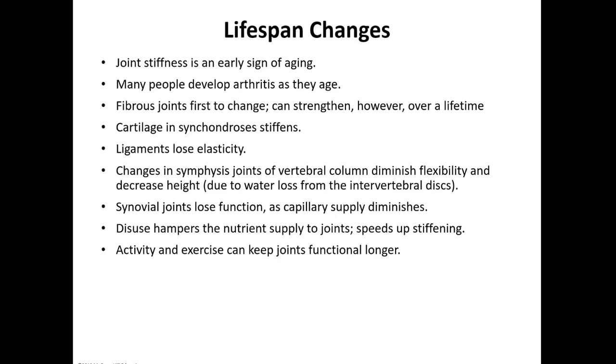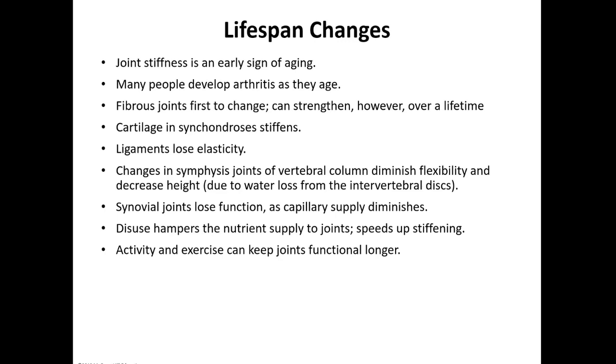So let's look at what happens with lifespan changes. One change that happens as we get older in relation to the joint is what they call joint stiffness. They say it's an early sign of aging. Some of us are young, but we're aging quickly.